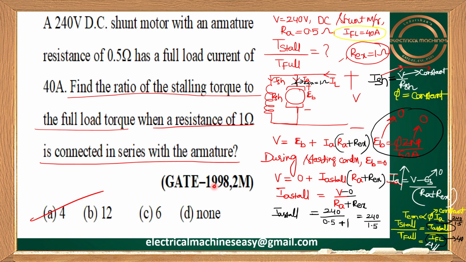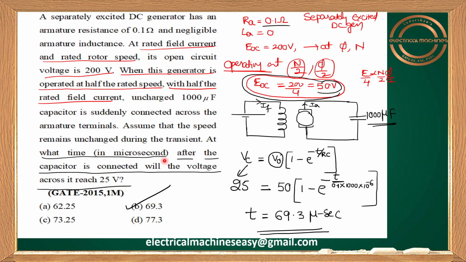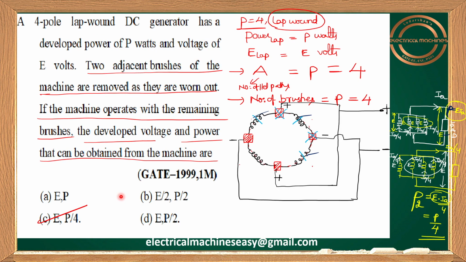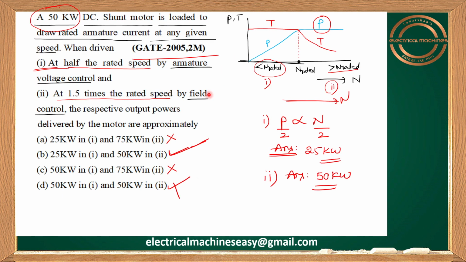This is a question asked in GATE 1998 for 2 marks. This is a question asked in GATE 2015 for 1 mark. And this is a question asked in GATE 1999 for 1 mark. This is the question asked in GATE 1993 for 1 mark. And this question was asked in GATE 2005 for 2 marks.